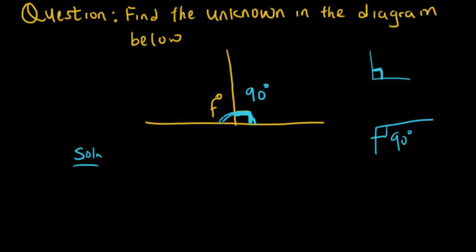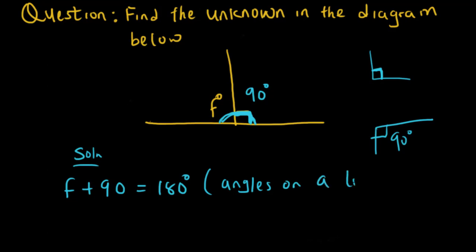So it means that angle on a line sums up to 180 degrees. So we add up all the angles on this part. So we are going to be having F plus 90 equals to 180 degrees. Why? Angles on a line sum up to 180 degrees. Do you understand?